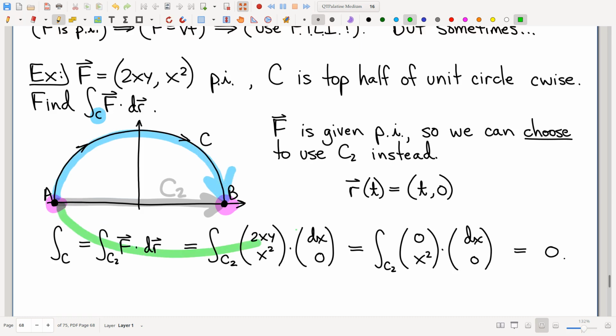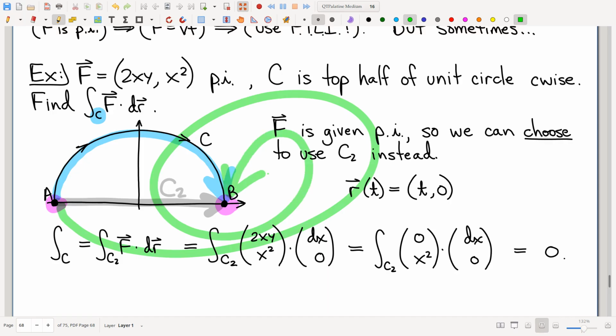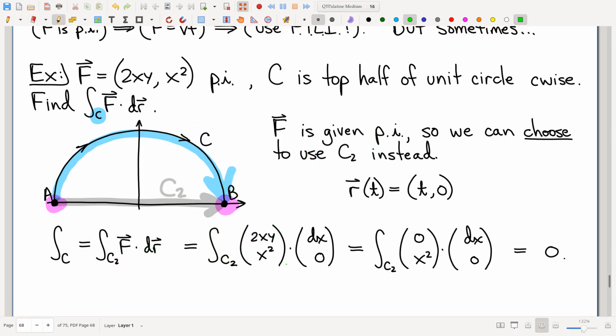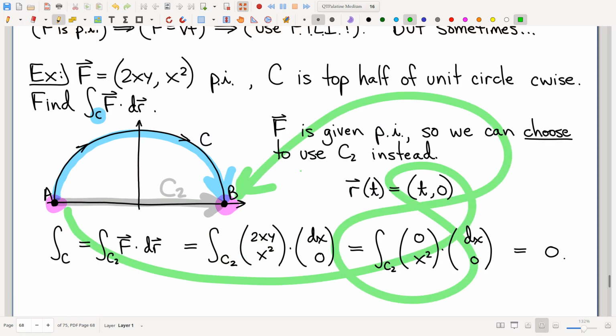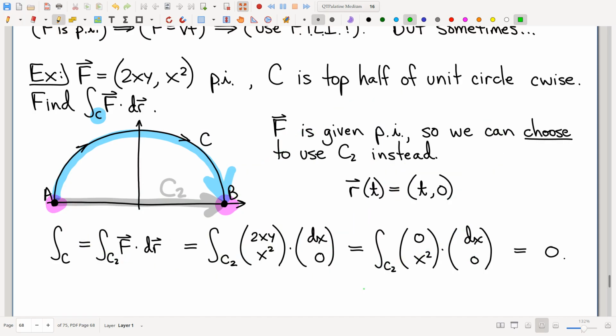I could use that curve if I were a masochist. I could use that curve, or suit yourself, go crazy. So how do you know what path to choose? Well, let your own self-interest guide you. Pick any curve you like, right? That's the whole point of path independence, is you get to pick.